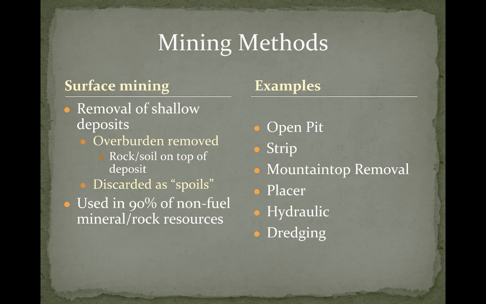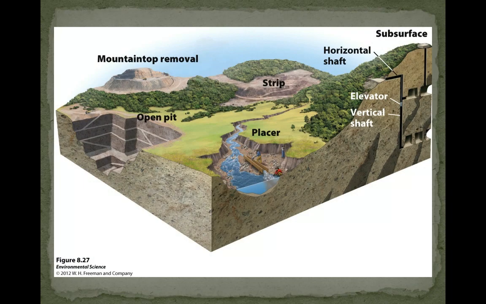So most of our non-fuel mineral rock resources, like sand, gravel, things we use for cement, but also coal. Coal's pretty close to the surface, and 60% of the coal mined in the U.S. is from surface mining. So here's some examples, especially in the foreground on the left-hand side of this picture, some ways of surface removal of these resources. And we'll go over some of them right now.